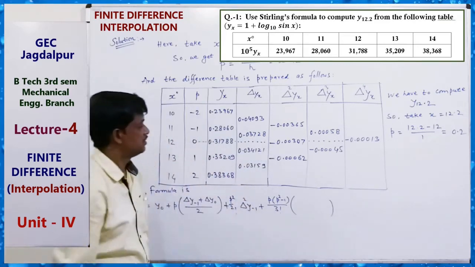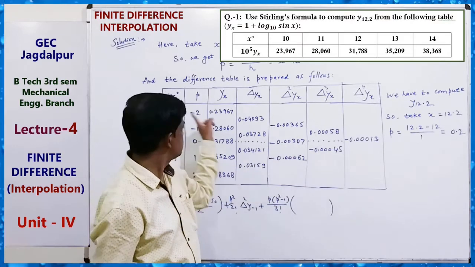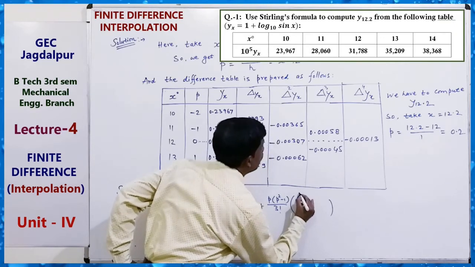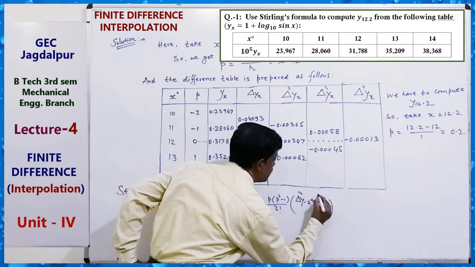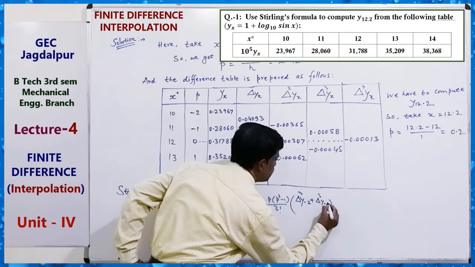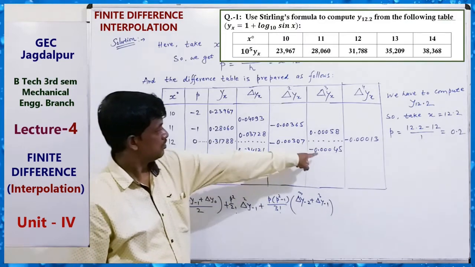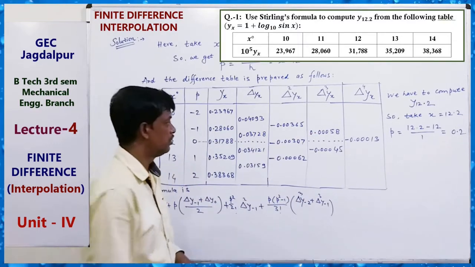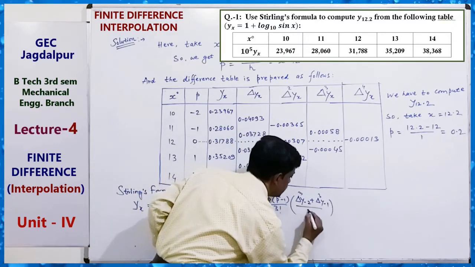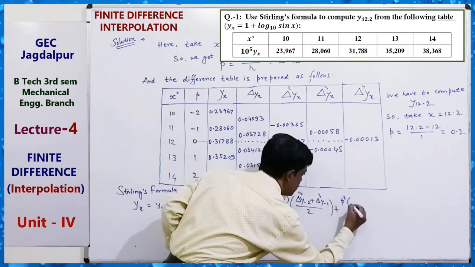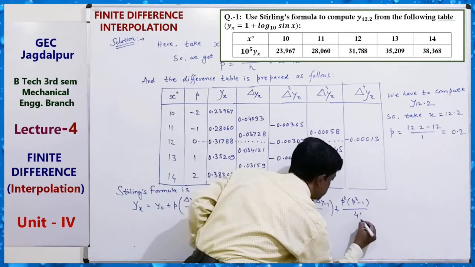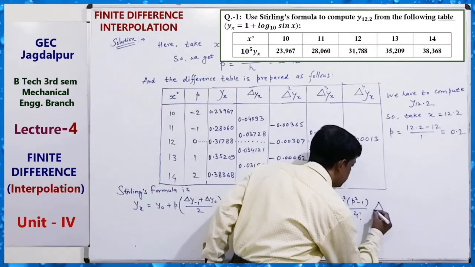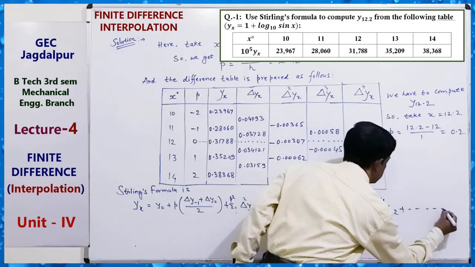Here the average of these two, this is minus 2 this, so (del cube y minus 2 plus del cube y minus 1) by 2, plus now (p square minus p) by 4 factorial, and without average, this fourth difference del 4 y minus 2, and like this.